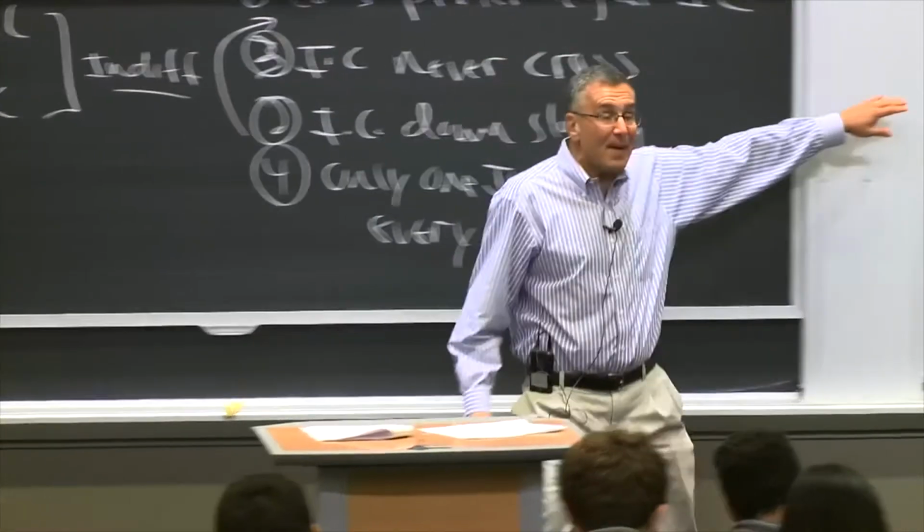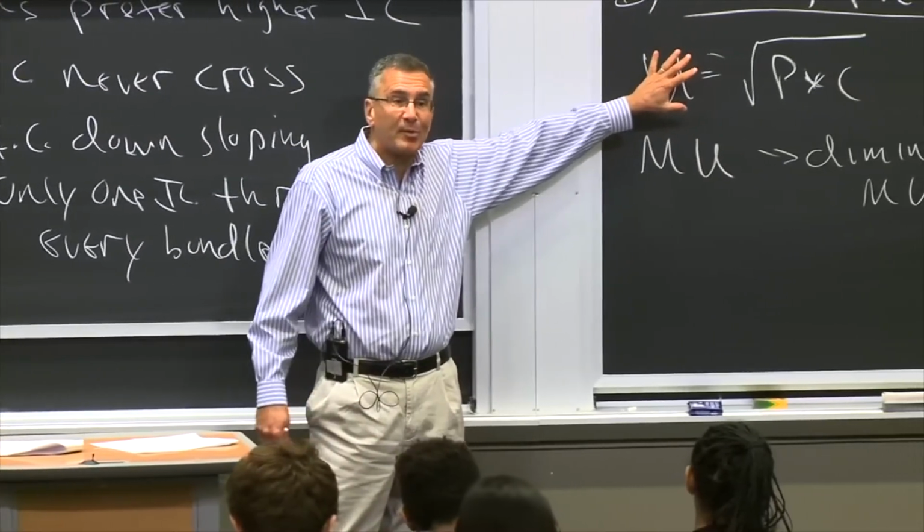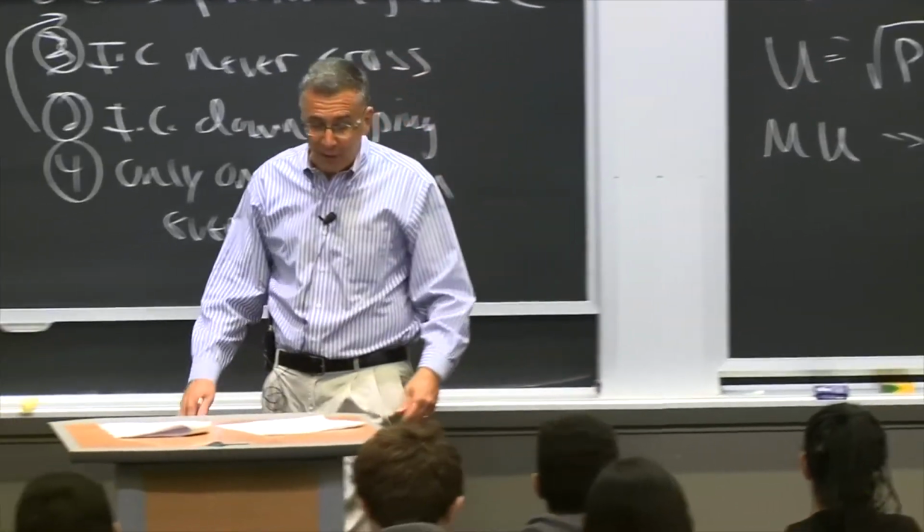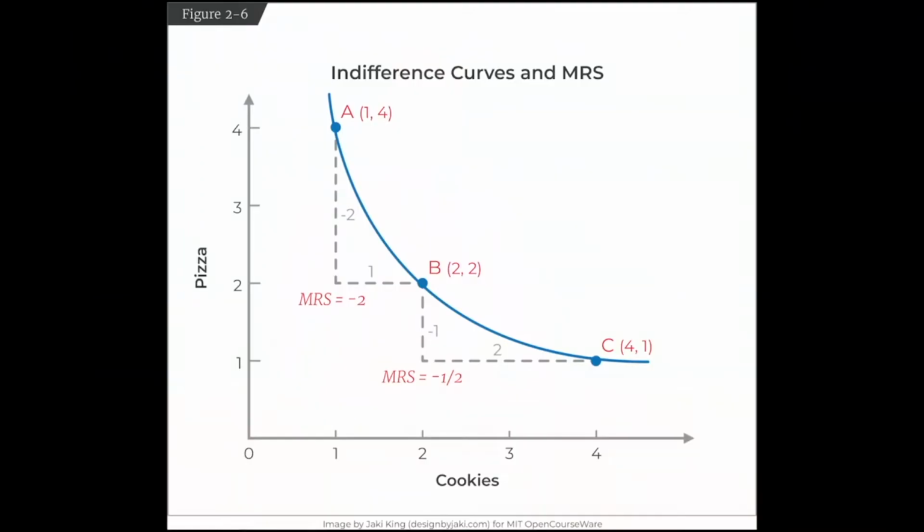Given this mathematical representation, you are indifferent between point A and point B. What's the arc slope between point A and point B? The slope is -2. So your marginal rate of substitution is -2. You're indifferent between 1, 4 and 2, 2. Therefore, you're willing to give away 2 slices of pizza to get 1 cookie. Delta P over delta C is -2.